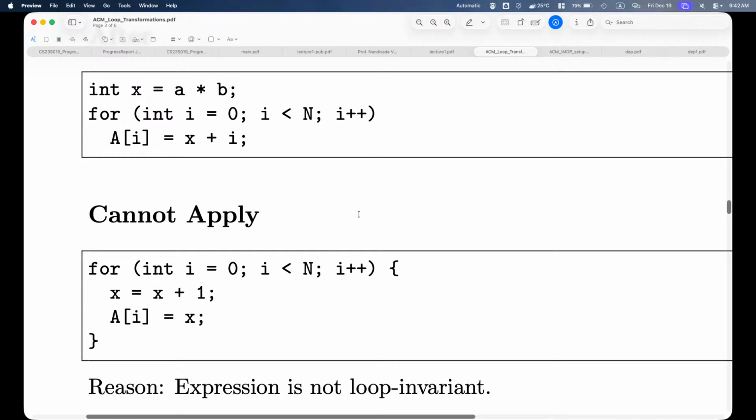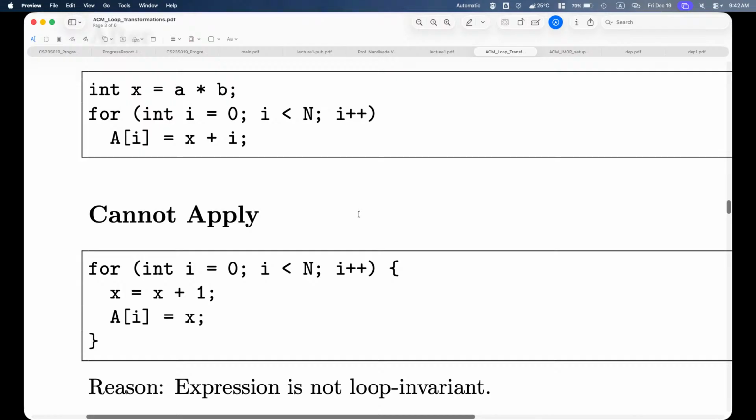Excellent point. Now X is not used anywhere, so this definition has no use and I can eliminate it. My code became T1 equal to A times B, Y equal to T1 plus 1.